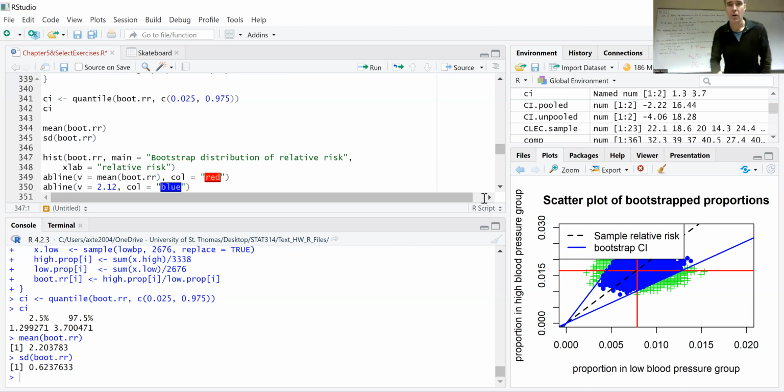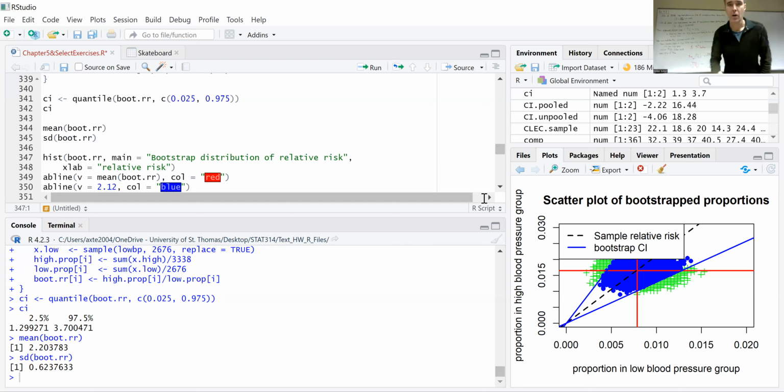Okay. So I put in the 95% bootstrap confidence interval for that ratio, and it's 1.3 to 3.7. I'm going to calculate the bootstrap bias now. There was the expected value, the mean of P1 hat star over P2 hat star, 2.204.